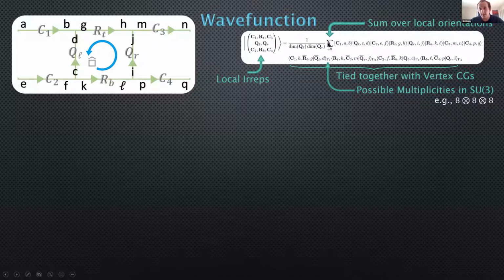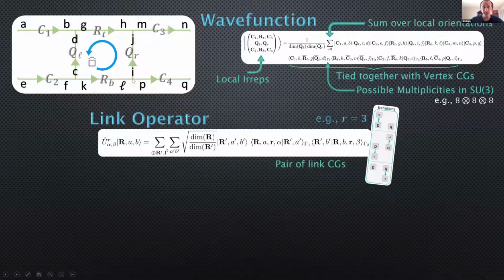Here we have a sum over all of the elements of the representations on each of the links, along with Clebsch-Gordan coefficients that enforce the constraint that at each of these vertices, these 3 representations add up to a singlet. In this basis, the link operator takes the following form, where it changes the representation on the link and also adds in some more Clebsch-Gordan coefficients.